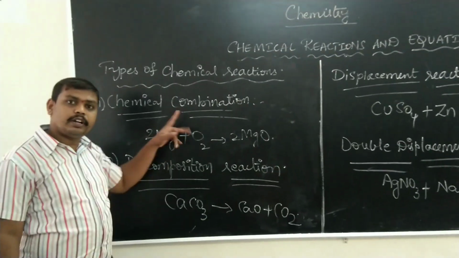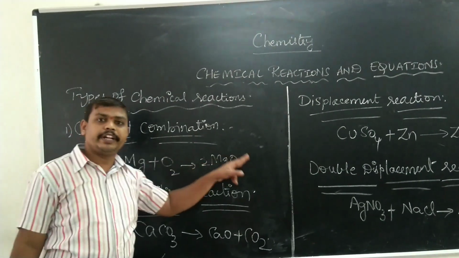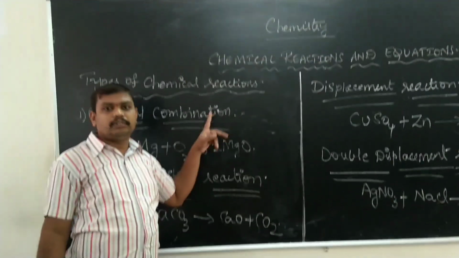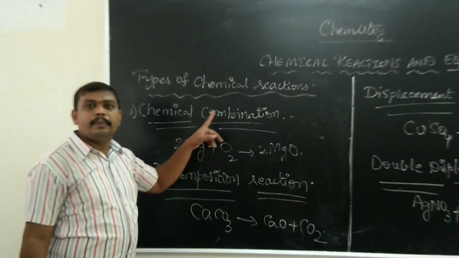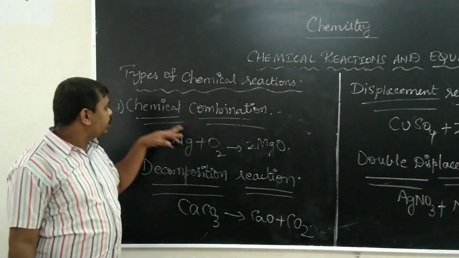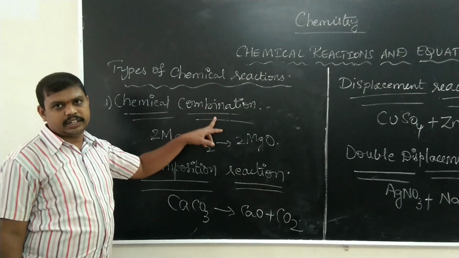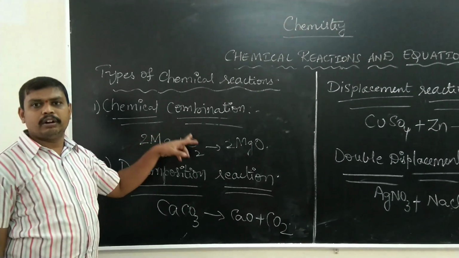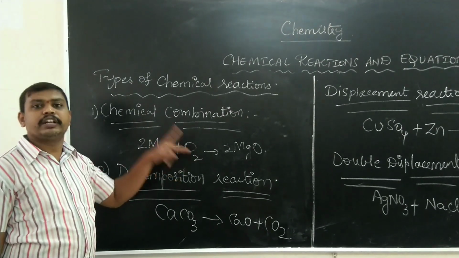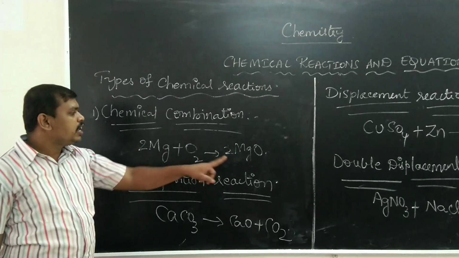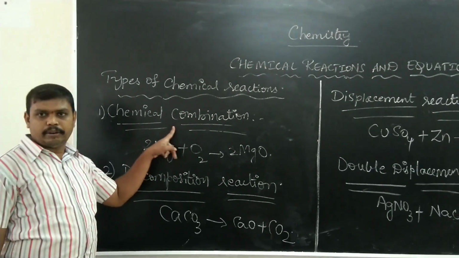Magnesium and oxygen are combined to form magnesium oxide. So in this way, we get the product obtained in the chemical combination. So this is a chemical combination. What is chemical combination? 2 or more substances combine to form one single substance. That is called a chemical combination.